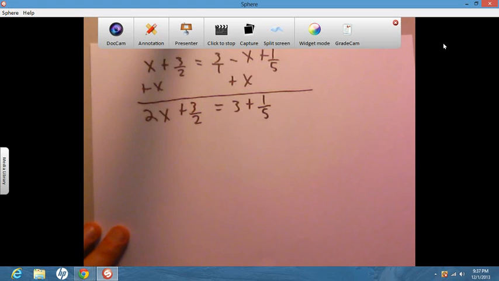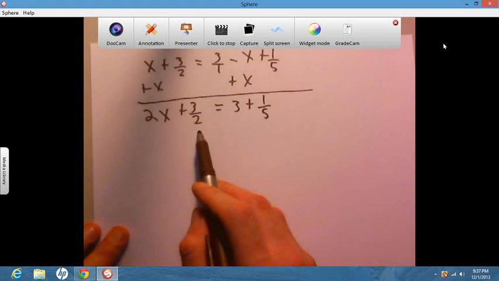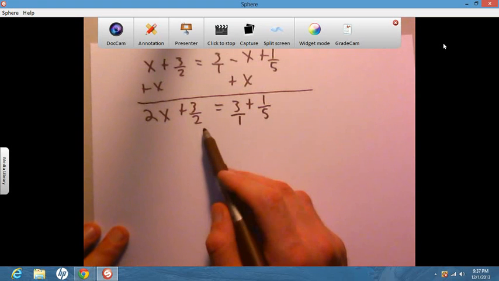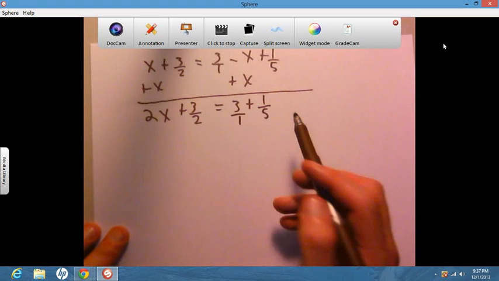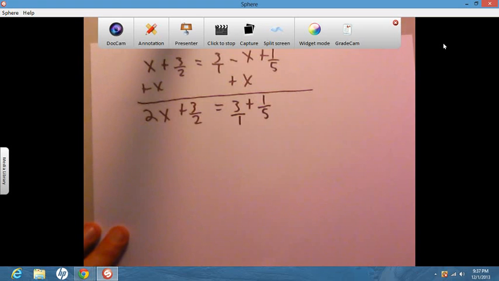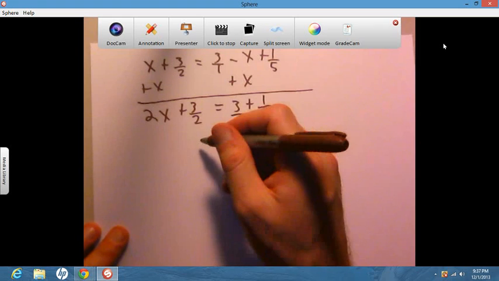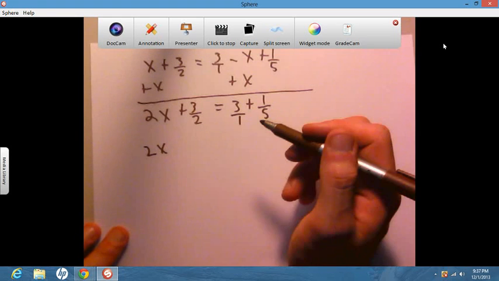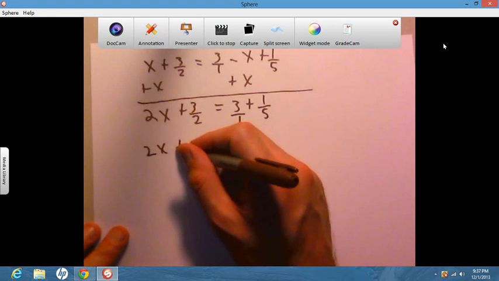But we're going to have to add this anyway, so this is 3 over 1, so I have a 2, a 1, and a 5. My common denominator is 10. So instead of 3 halves, I'm going to write it as 15 over 10.